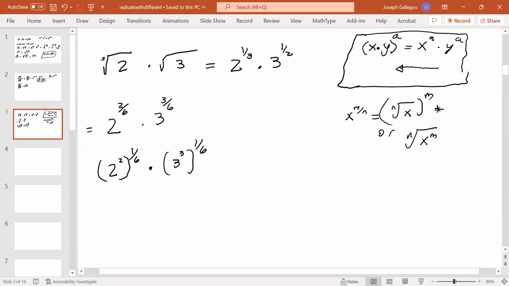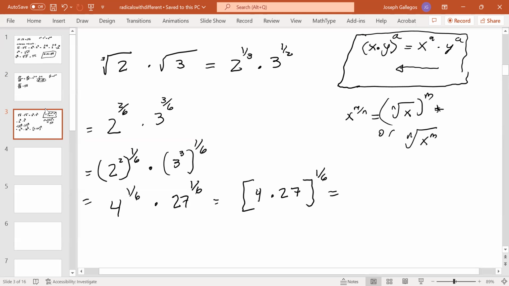And 2 squared is the same as 4 to the 1/6, and 3 cubed is the same as 27, and then we have the 1/6 power. And now, since both of those have the same exponent, we can multiply the bases together. 4 times 27, and this is all raised to the 1/6 power.